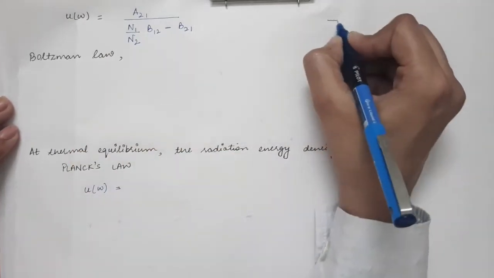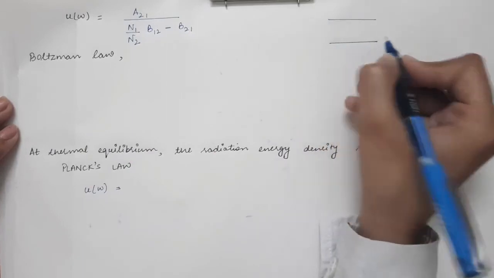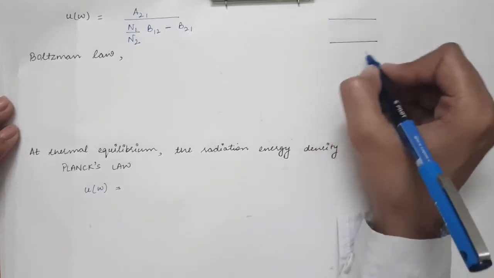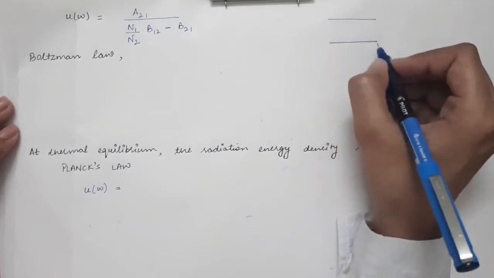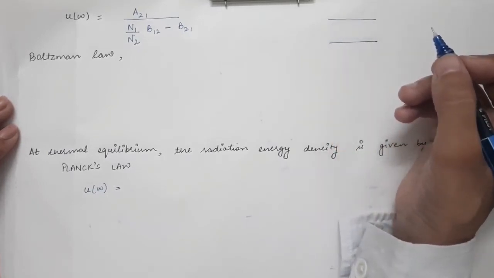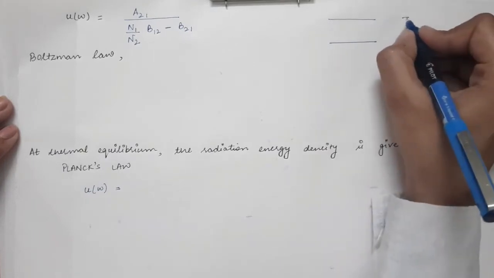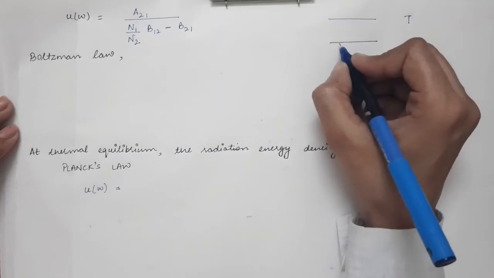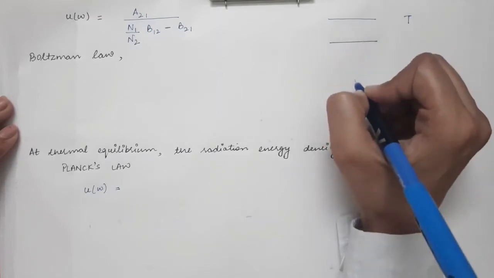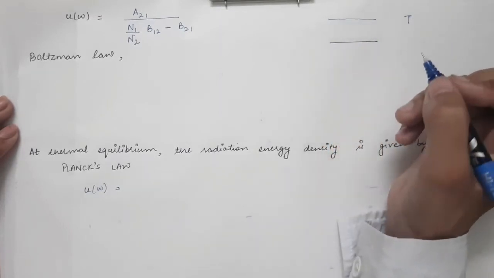Now if we have various energy levels, so let's say there is some medium and there are some atoms present, and the atom has various energy levels. The medium is kept at a particular temperature, let's say capital T. Now the energy levels inside the medium will be occupied by various atoms.